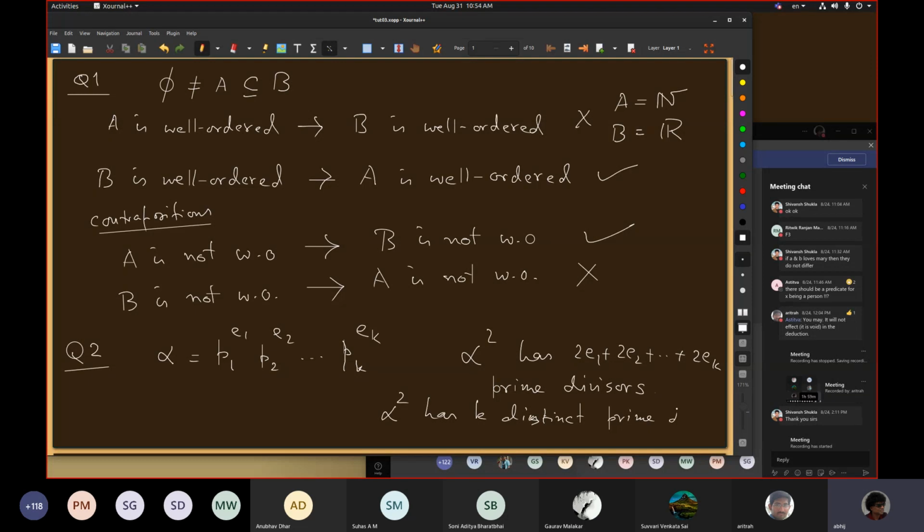But in the proof, I was not considering distinct ones, but the total number of prime divisors, counting the multiplicity of each prime divisor. So that was the confusion. Is it clear? Yes or no?